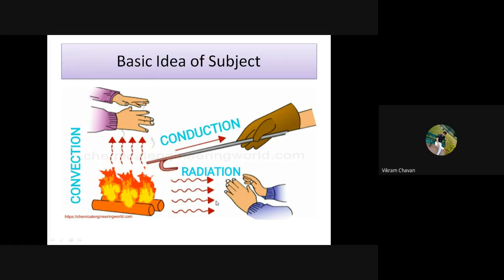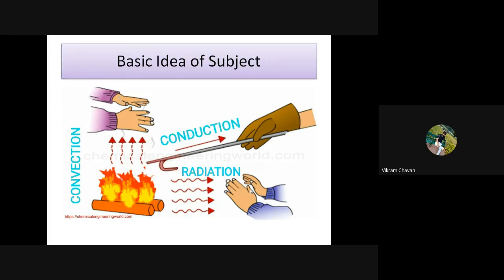So the person sitting very far from the fire also feels the energy because of radiation heat transfer. And this radiation heat transfer happens because of electromagnetic waves.